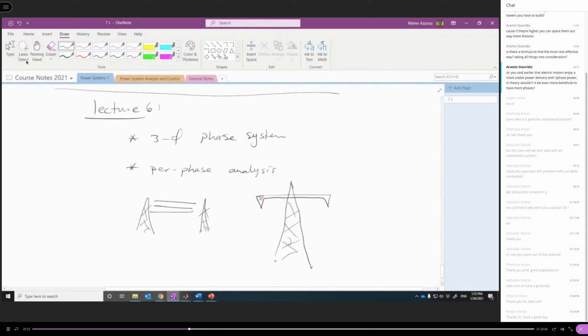So we can have phase A, B, and C, and another circuit here carried by the left side of the tower. So this is the first circuit, and this is the second circuit. Okay.